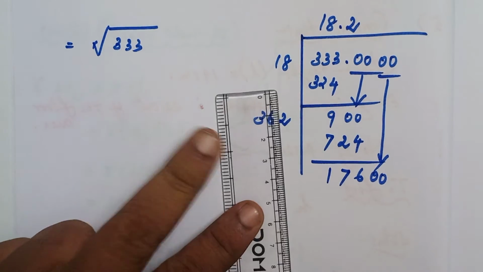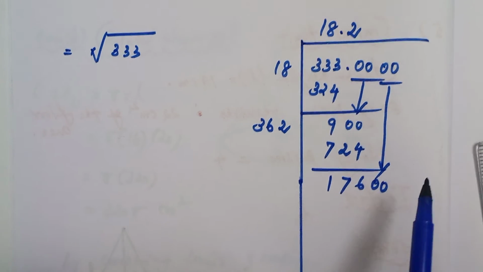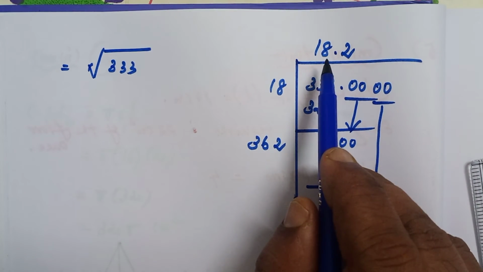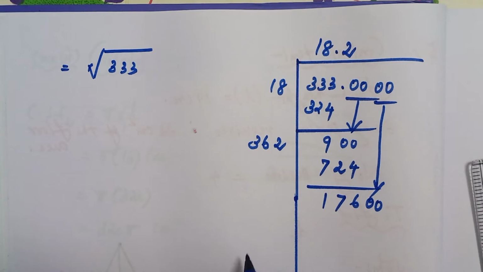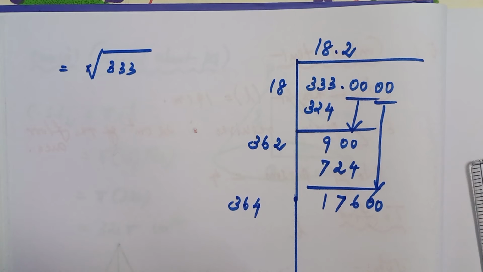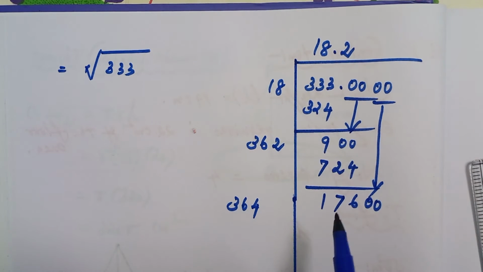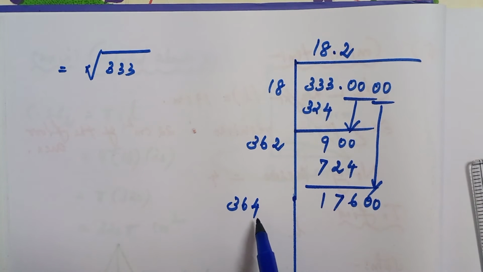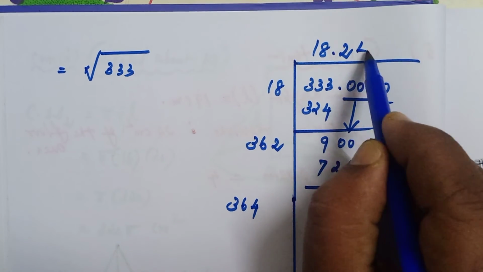Now you have to consider it as 182. 182 into 2, have to multiply 182 by 2, will be getting 364. How many times? We can go up to 5 times. Even 5 into 3645 will be exceeding 17,600. Can take only 4.